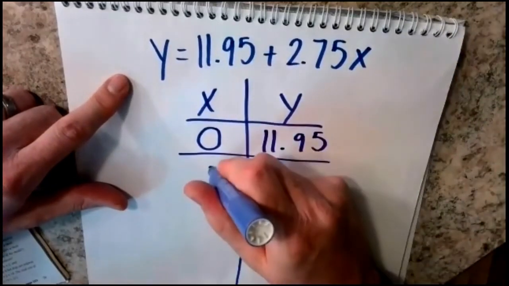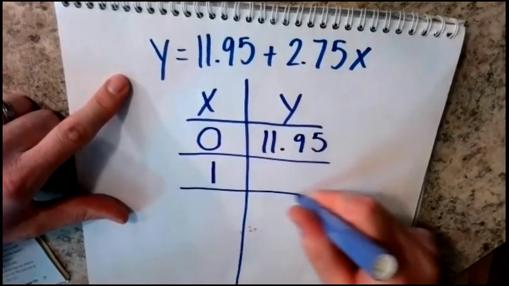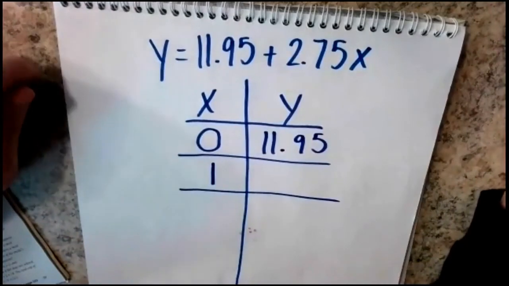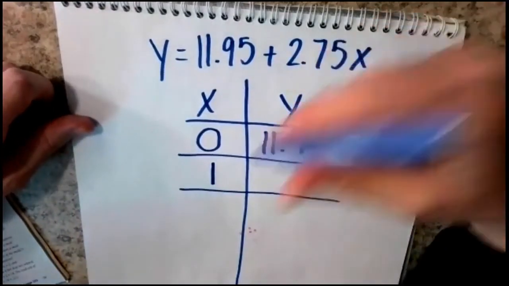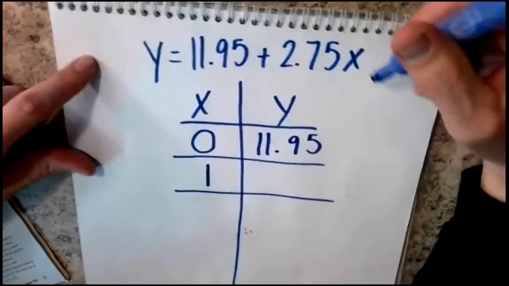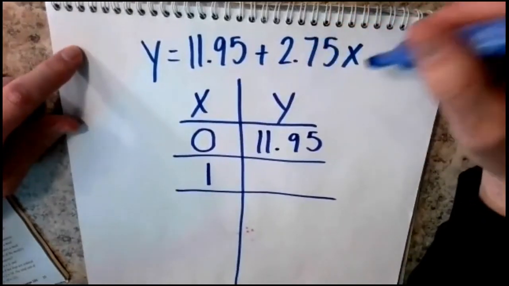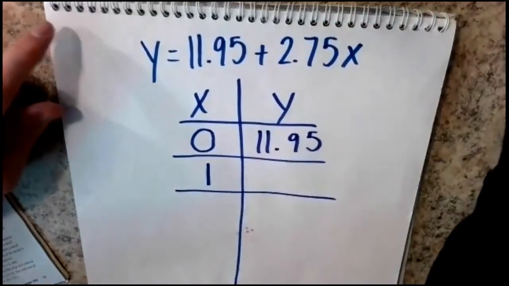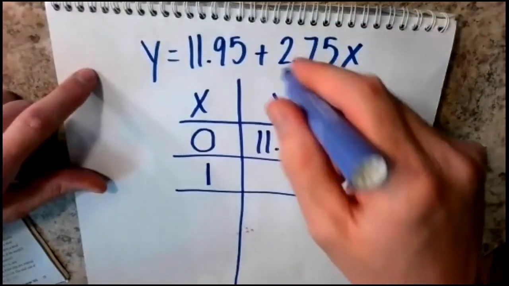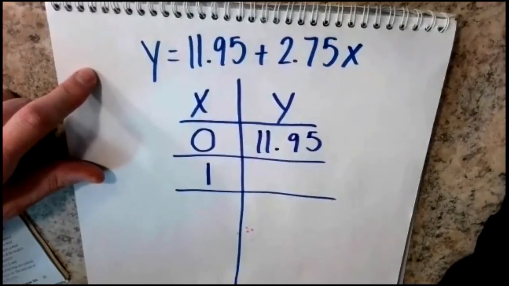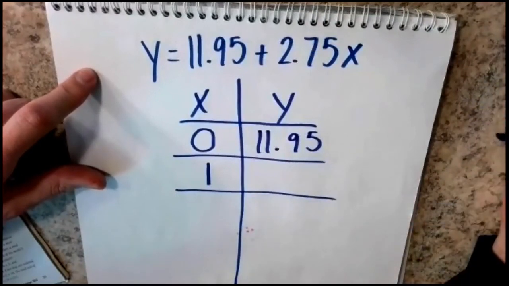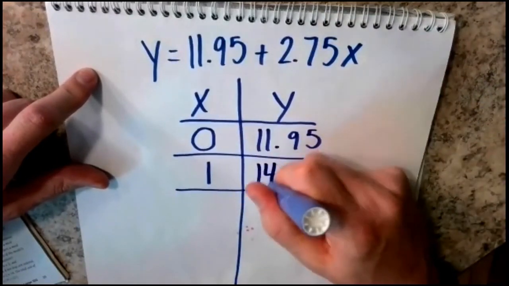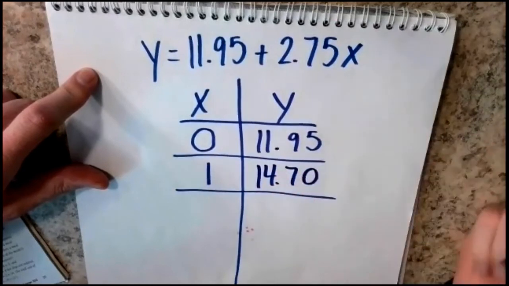What if we went back to my pepperoni pizza example? 1 topping. Well, we substitute 1 into X over here and go $2.75 times 1, which is $2.75, added to the $11.95. So I think we said that's $14.70, right? That's how much it costs.